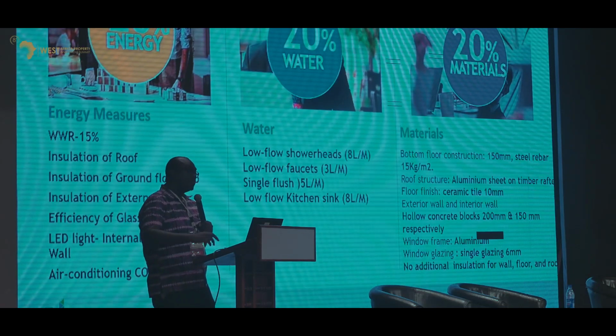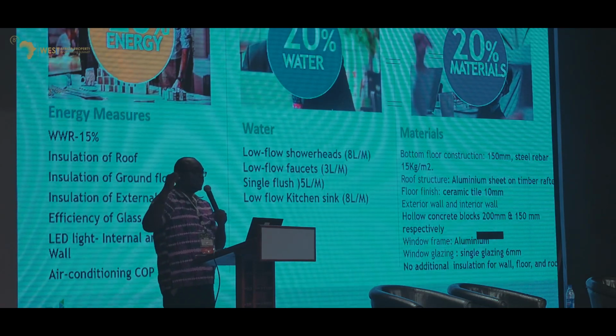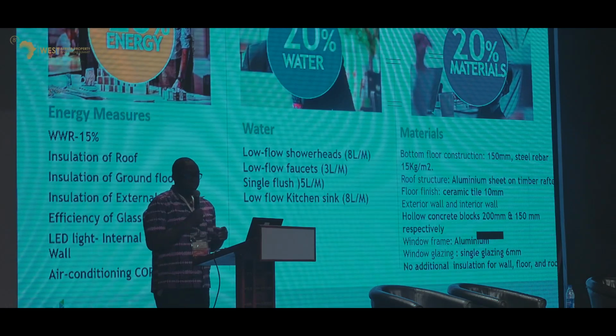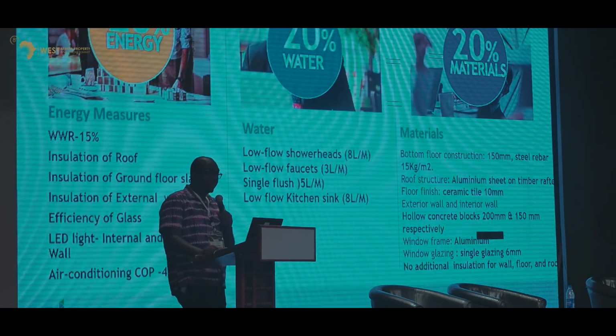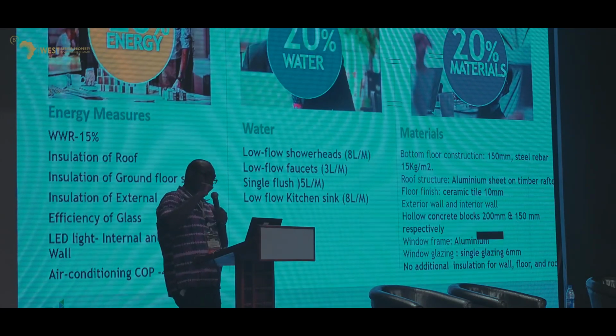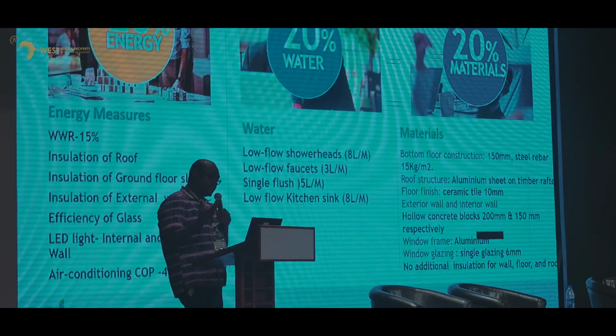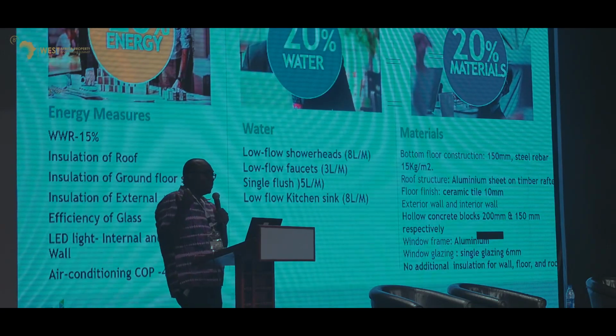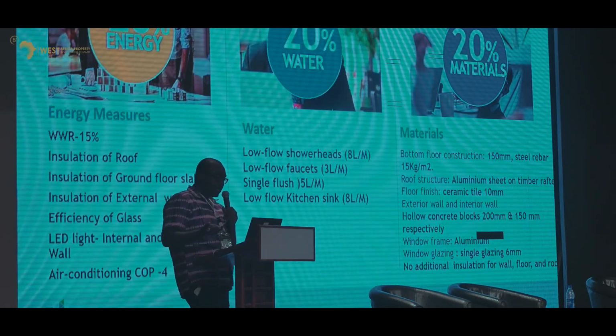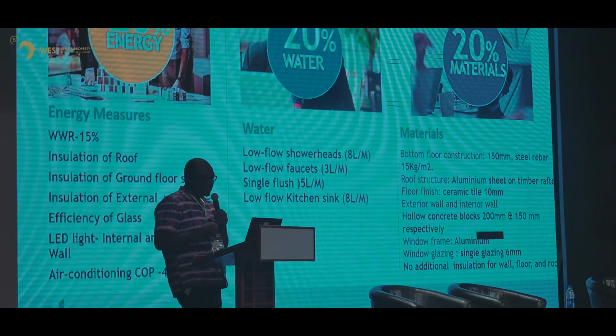In terms of the building construction material, in total, the bottom floor construction will be our normal reinforced concrete around 150 thick. Then the steel rebar will be 15 kilograms per meter squared. The roof structure, our normal aluminum sheets on timber rafters. The floor finish ceramic tiles.